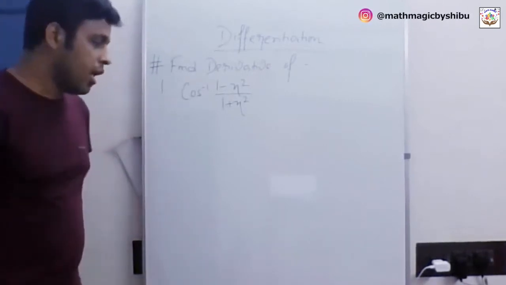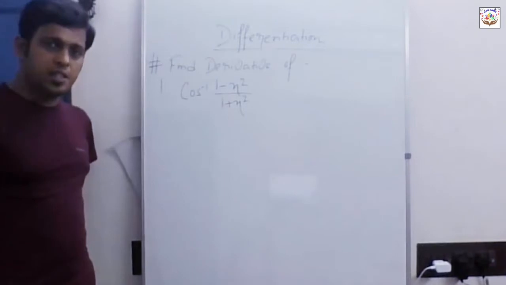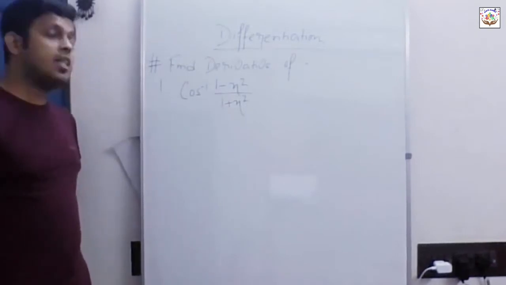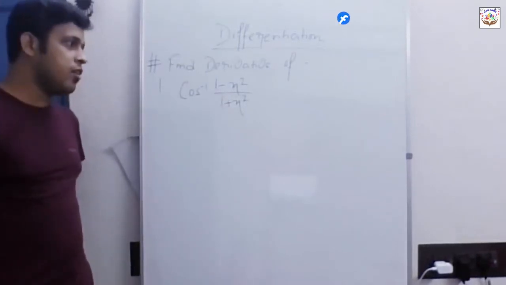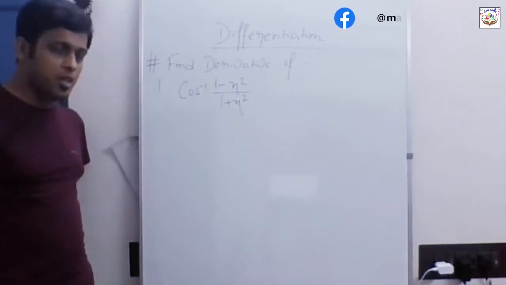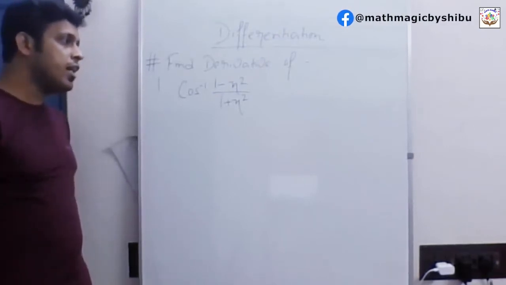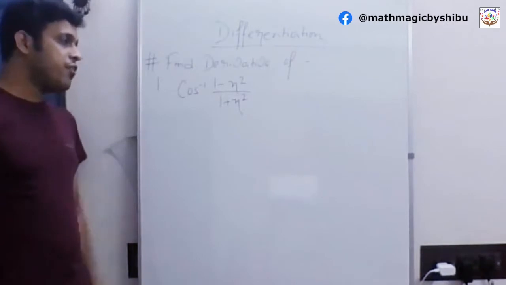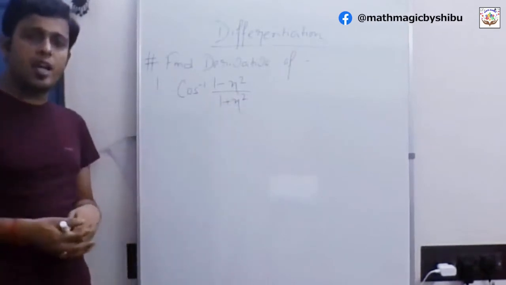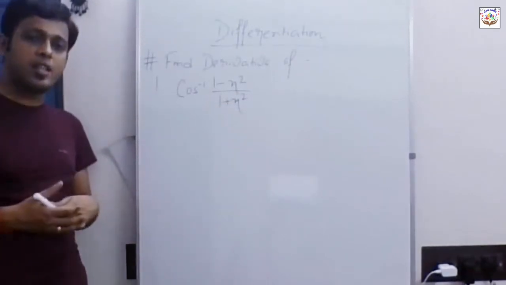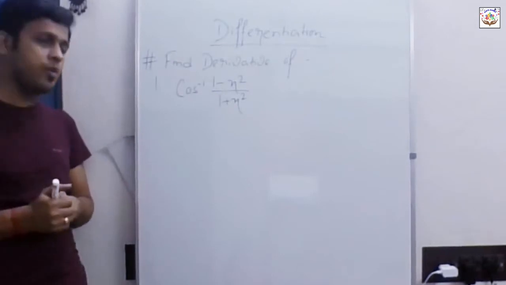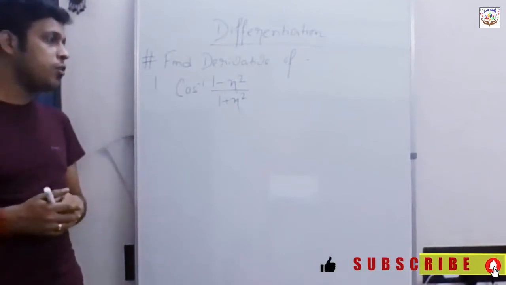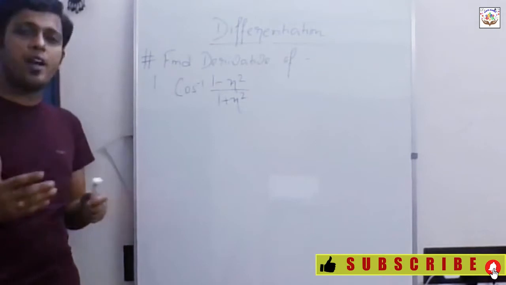Okay. Now, as you can see, it is cos inverse of (1 minus x square) divided by (1 plus x square). In integration, which I have not started as of now, you would also see this kind of expression, like 1 minus x square or 1 plus x square, so we need to take some different values of x.